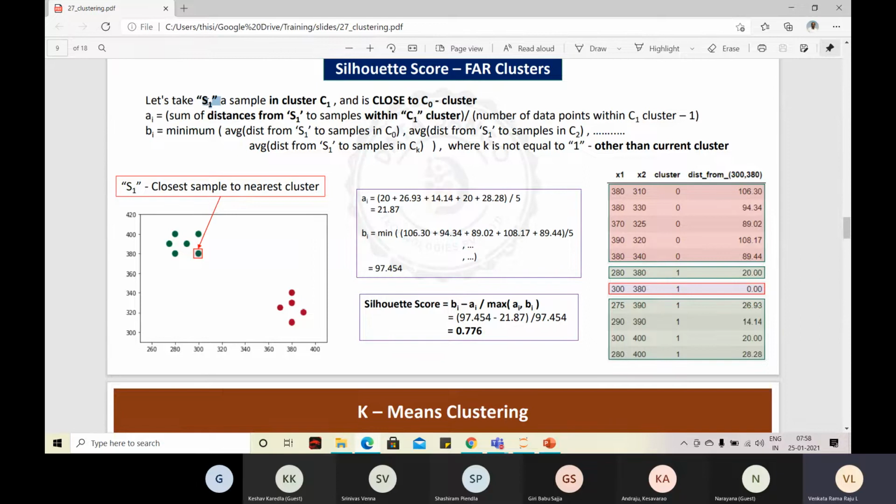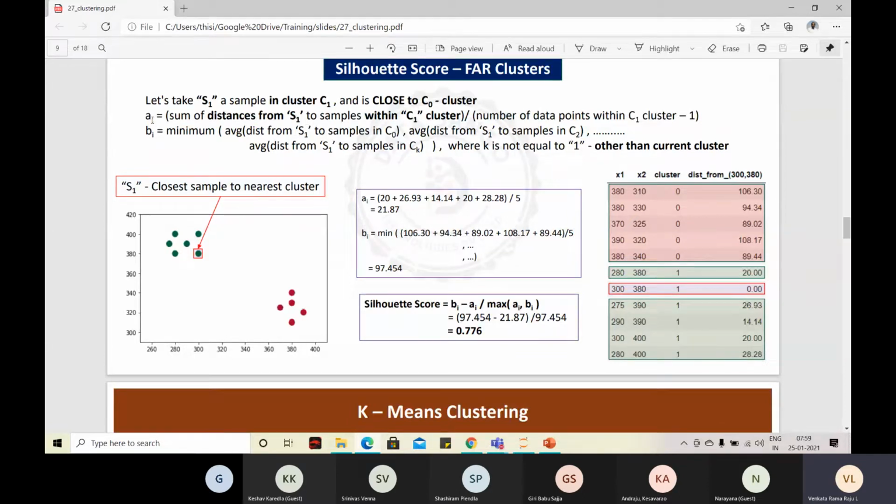I have taken one data point S1 from cluster C1, the green one. This data point is close to C0. I have chosen a data point close to C0 for explanation purposes.